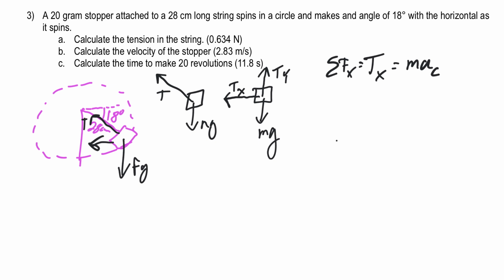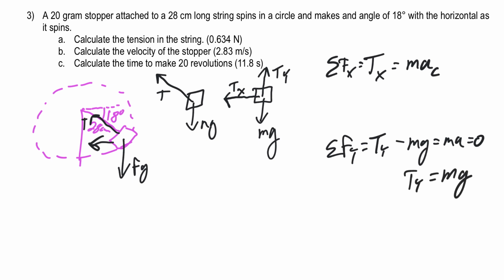And in the y direction, visually, hopefully you can see what's going on, right? We have the tension vertical minus gravity equals ma equals 0. So basically the vertical tension is holding up the weight.